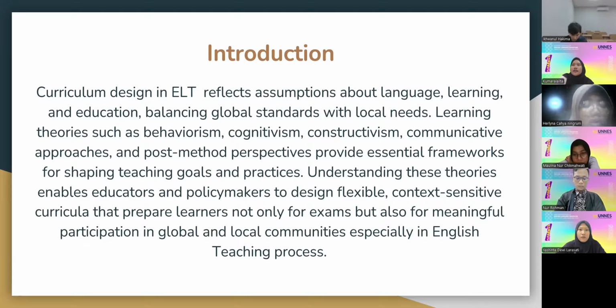Understanding these theories enables educators and policymakers to design flexible, context-sensitive curricula that prepare learners not only for exams but also for meaningful participation in global and local communities, especially in the English teaching process. Next, please.